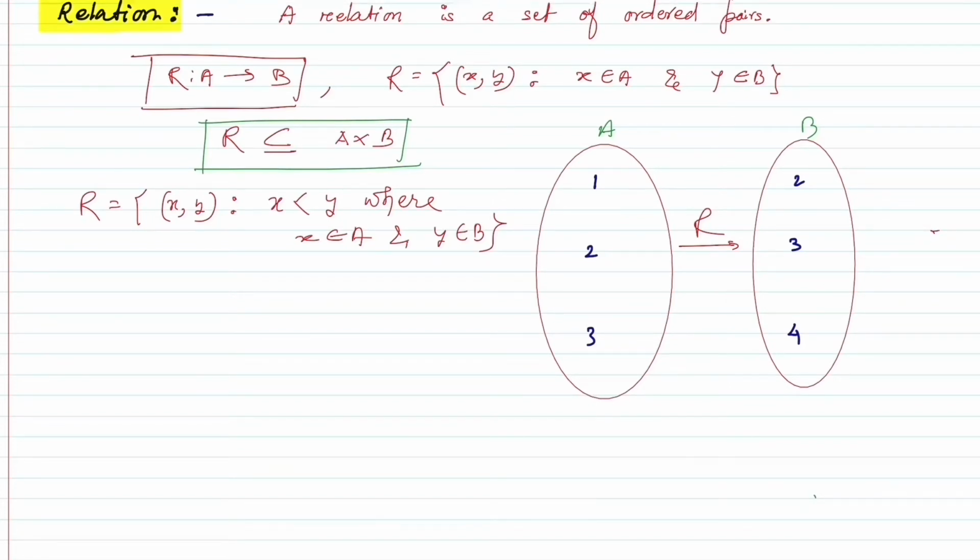You already know how to find A cross B. So here you see, set A contains 1 comma 2 comma 3, and B contains 2 comma 3 comma 4.